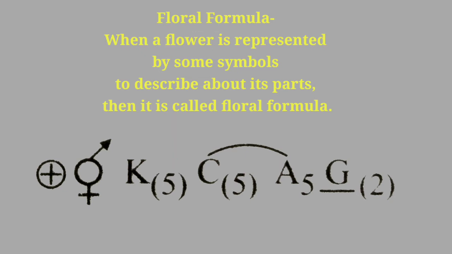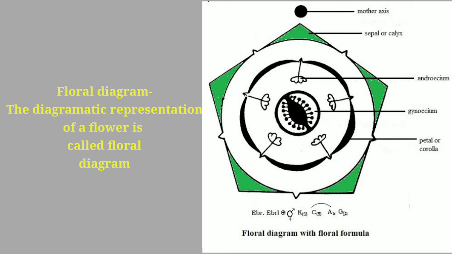Now let's come to the floral diagram. The floral diagram is the diagrammatic representation of a flower. As in the first case, the flower was represented with the help of a formula, here the flower is represented with the help of some symbols. And in the diagram, as you can see, there are some symbols given.